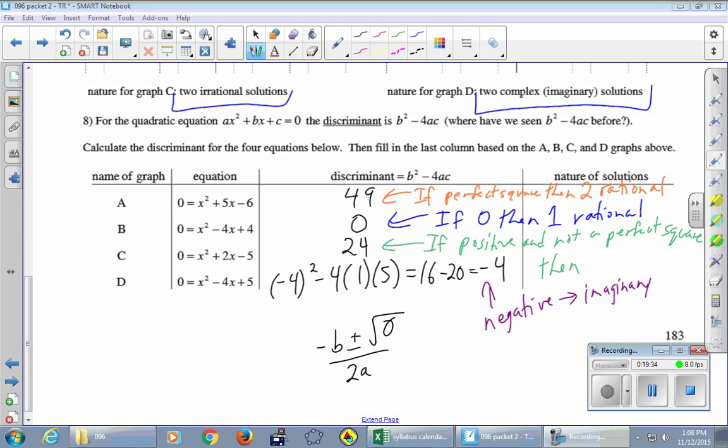And again, imagining that 24 under a square root, is the square root of 24 rational or irrational? Irrational. So we're going to get 2 answers, plus or minus. And in this case, they are both irrational numbers.